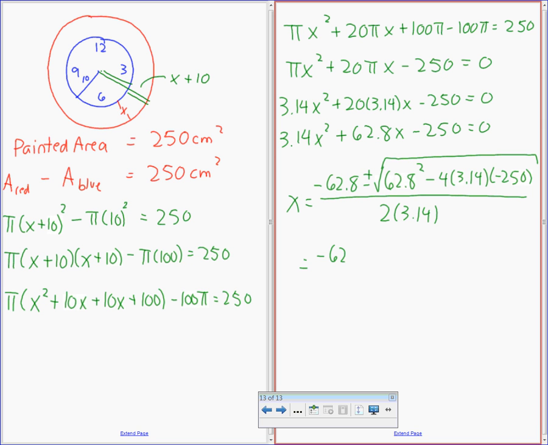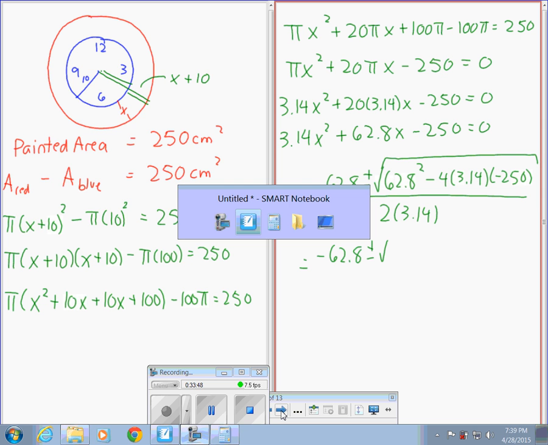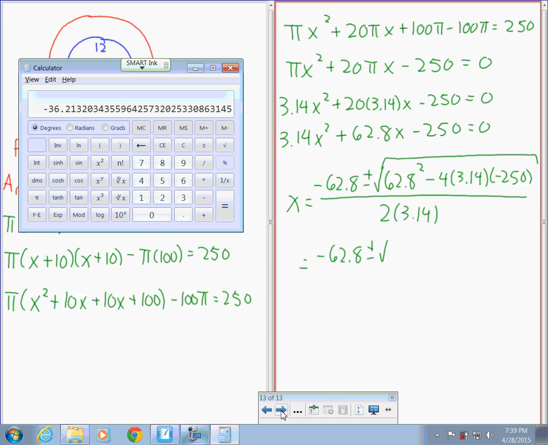So it's going to be negative 62.8 plus or minus the square root of, whoops, wrong one. 62.8 squared is 3943.84, plus 4 times 3.14 times 250, which is 3140, all over 6.28.